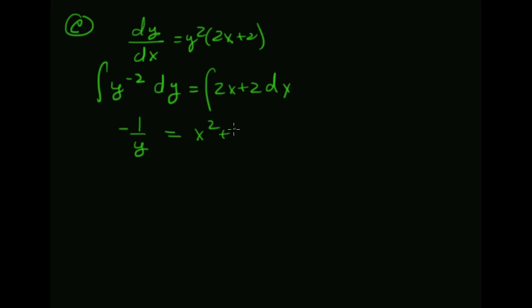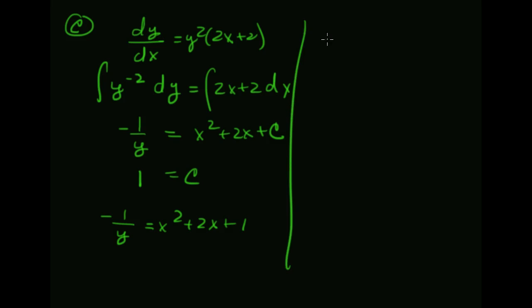It's going to give me x squared plus 2x plus c. Put the initial value in. So this is just going to be 1. And putting zeros in there is going to give me c is 1. So I have -1 over y is x squared plus 2x plus 1. Which means that y is going to be 1 over x squared plus 2x plus 1.